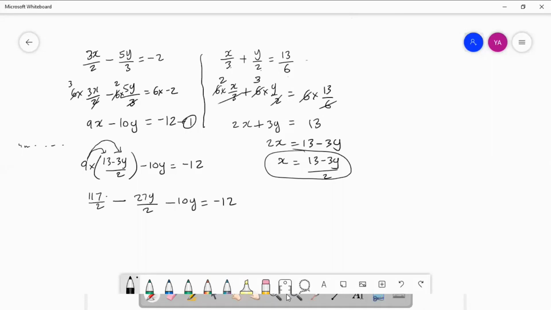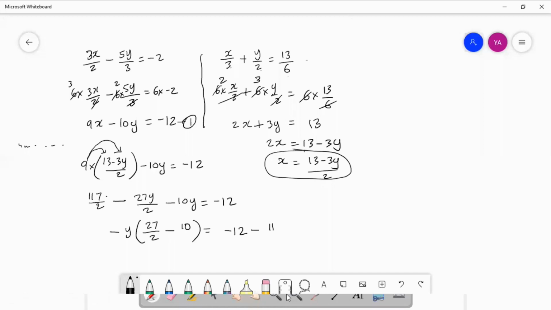Here, from the y terms we want to take y outside the bracket, and the 117 we can move to the right side. So taking y outside the bracket, 27 by 2 minus 10.